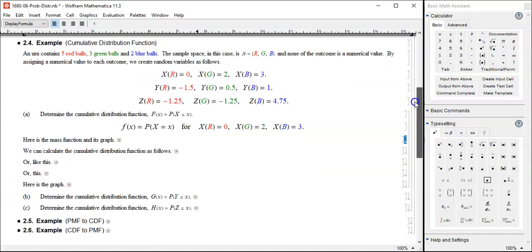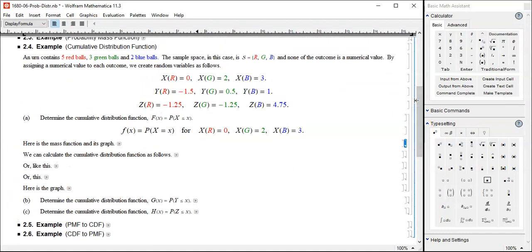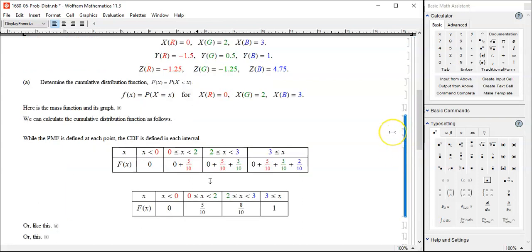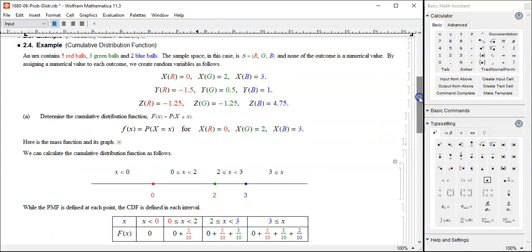And now let's consider the cumulative distribution function. You have to accumulate probabilities, and here's the preparation. These 3 possible outcomes, x equal to 0, 2, and 3, divide the number line into 4 pieces. X equal to 0 here, red, x equal to 2 here, green, and x equal to 3, blue.